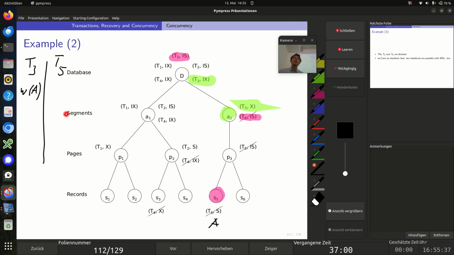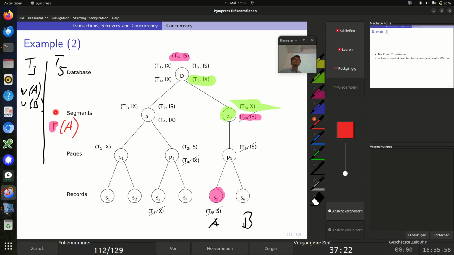Then there would be a write on B, maybe B is located here. And then there would be T5. T5 would say, okay, I just want to read A. Okay?